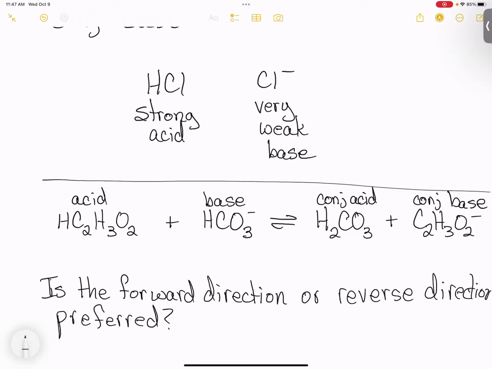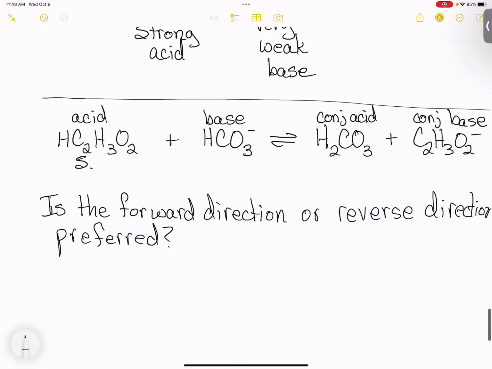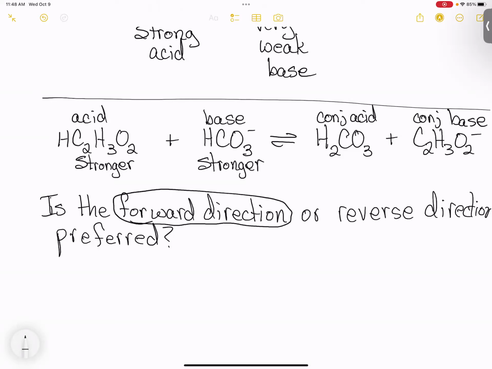And you go, okay, between my two forms of acid, acetic acid is the stronger acid. Between my two forms of base, bicarbonate is the stronger base. So this one is going to prefer the forward direction because it always travels from stronger to weaker.